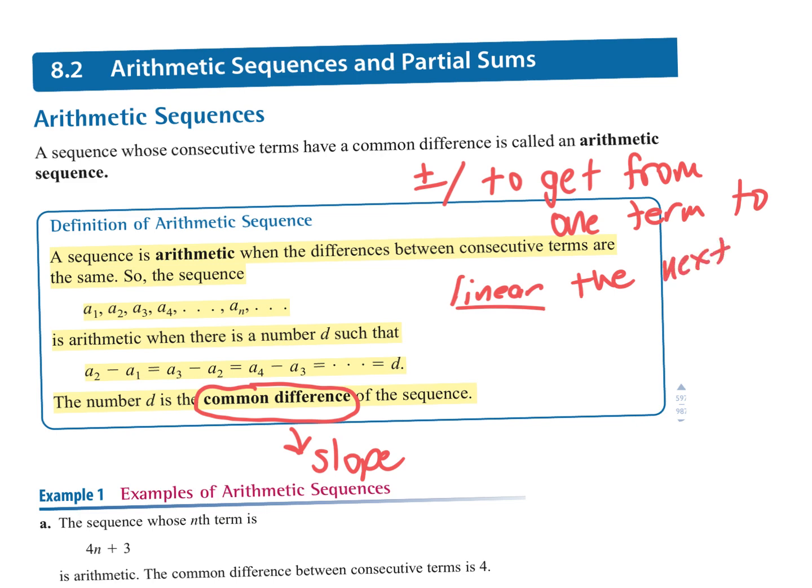It's a constant value, plus 3, plus 3, plus 3. Minus 7, minus 7, minus 7. Your arithmetic functions have a common difference that is the same thing you add or subtract each time. All right, everybody understand that?